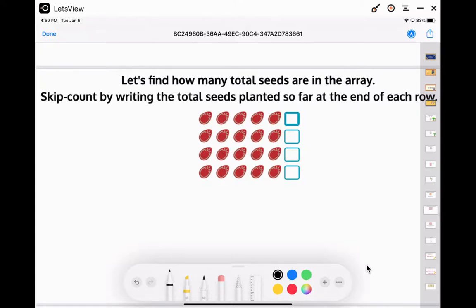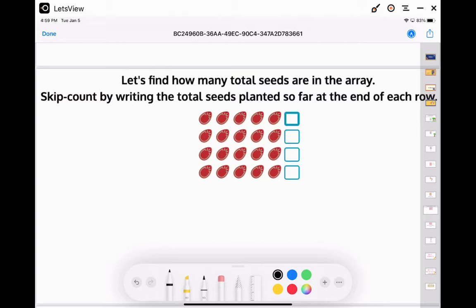All right. We have another array to look at here. We are going to find the total number of seeds in this array by skip counting. And at the end, we are going to write how many total seeds we have. So let's get started. The first thing that we need to figure out is how many seeds there are in the first row.